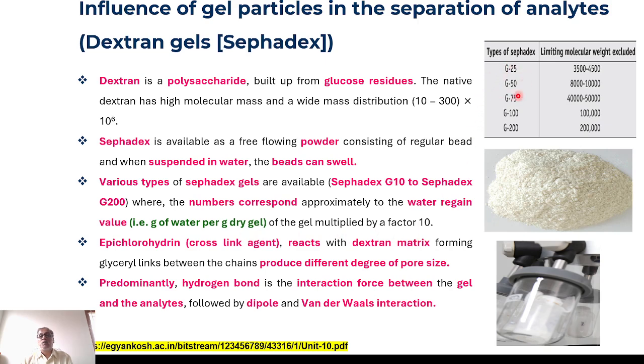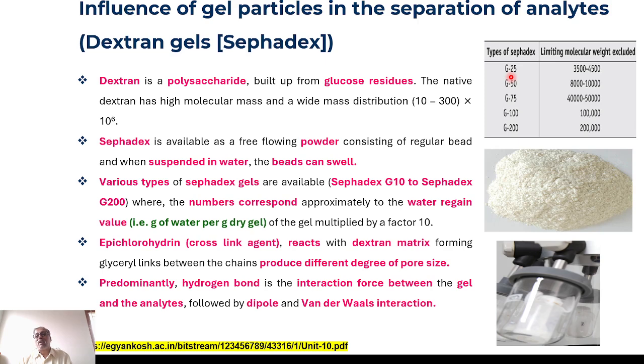That means if you multiply the water regain by 10, you will get 25 or 50 or 75 or 100 or 200 for the gel. So if you want to calculate the water regain capacity, you have to divide by 10.